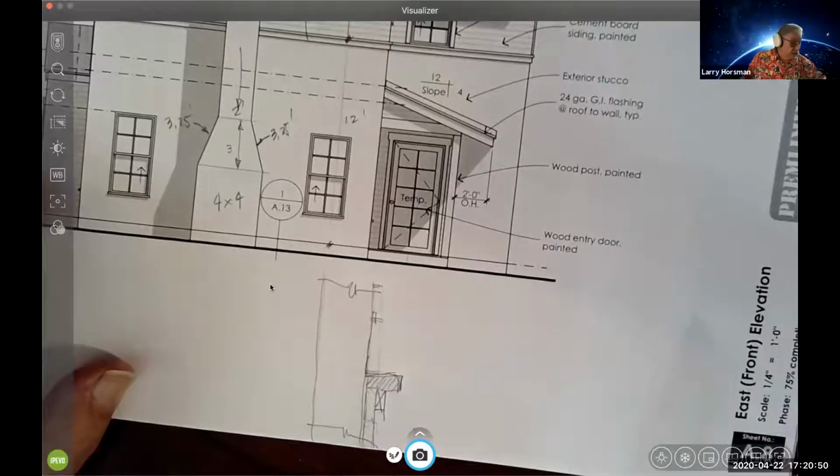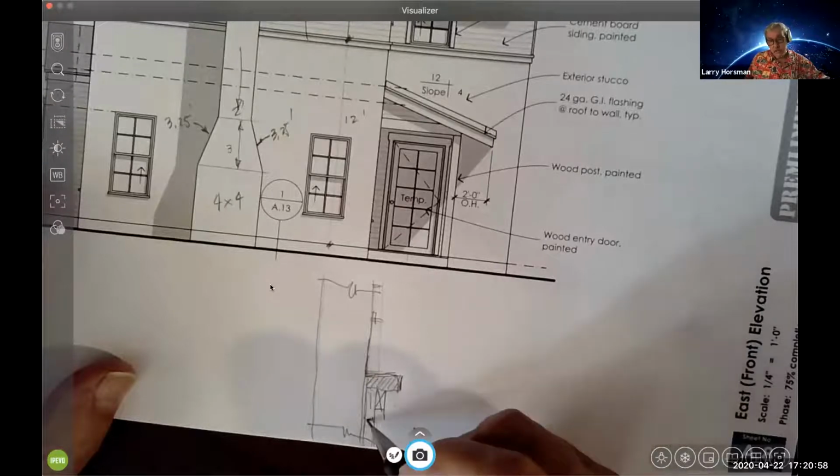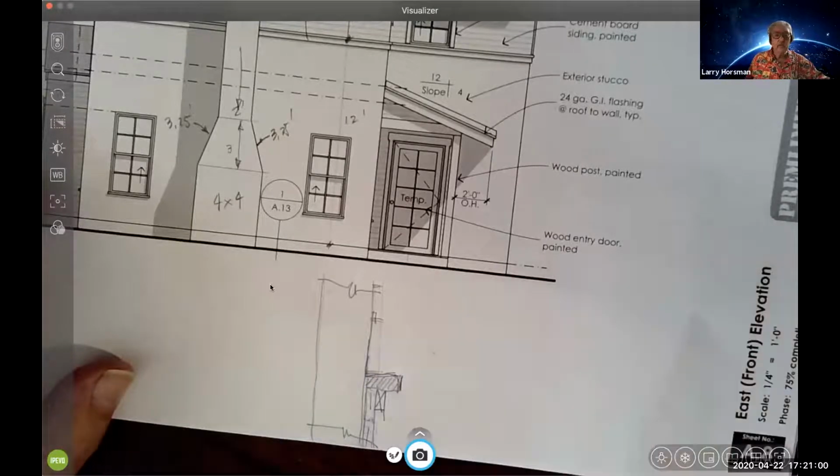And then we would still need to do something for the stucco that's below this. And so that's where often you start running into problems. So I would want to get something from the architect, I would hope, on how that's going to be done, because there's probably about 10 different ways I could do it.